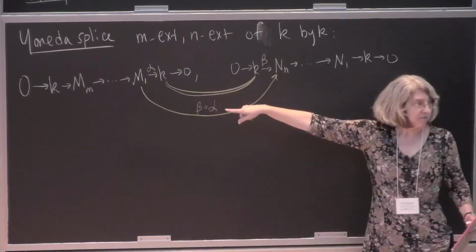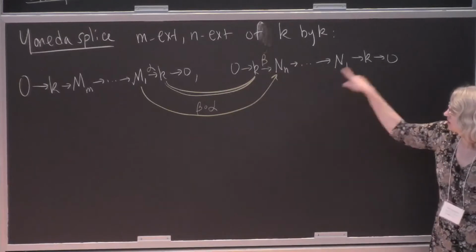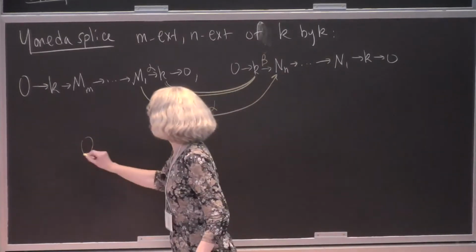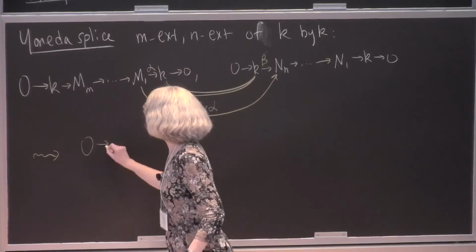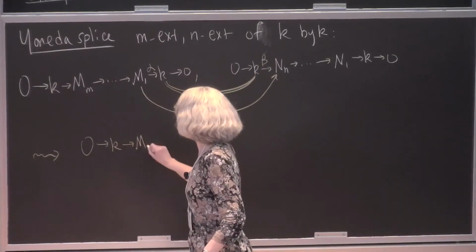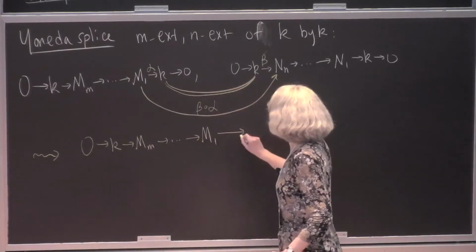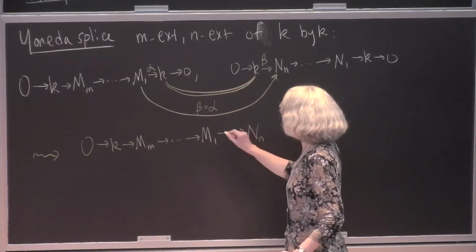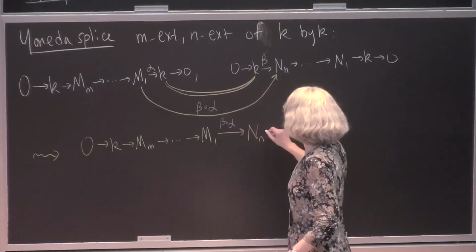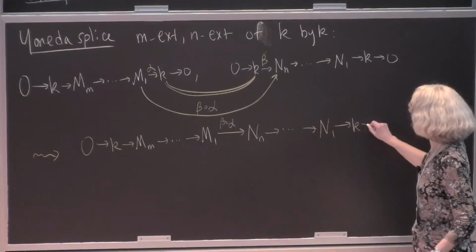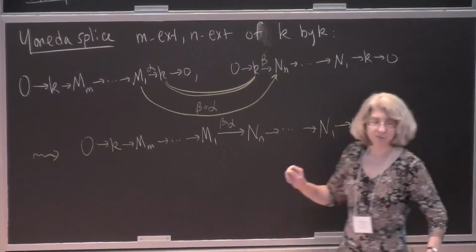So then I get a map from M_1 to N_n. And if you put all this together, erasing the parts in the middle, you get another extension: 0 goes to k, goes to M_m, and so on down to M_1 to N_n via this composition, and so on down to N_1, k to 0. Okay, that's called the Yoneda splice.